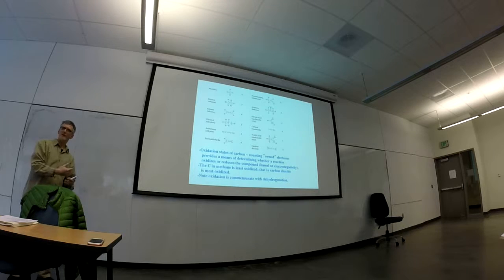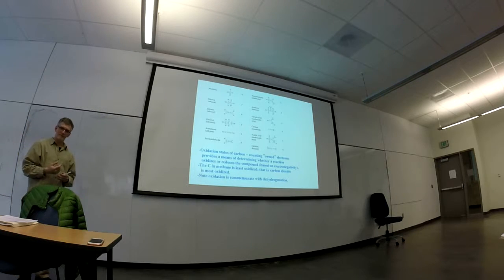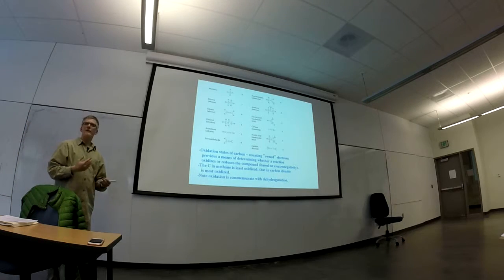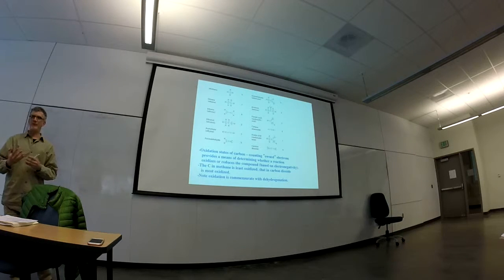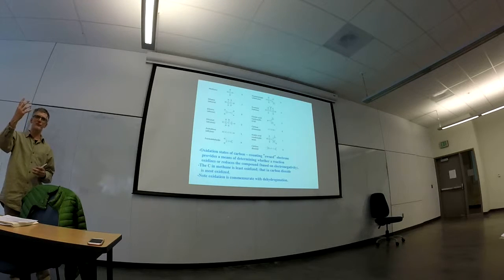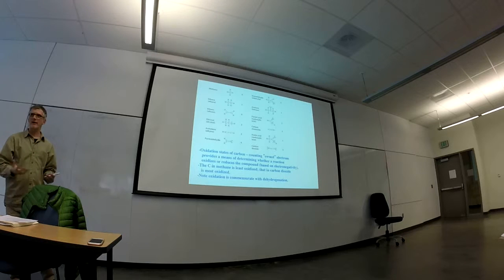And they're transferred to some acceptor, which of course is then reduced, so you have a redox reaction. So a lot of the redox reactions in cells have to be understood in terms of looking at the structure of a carbon substrate as you go through the glycolytic pathway, for example, and other pathways.